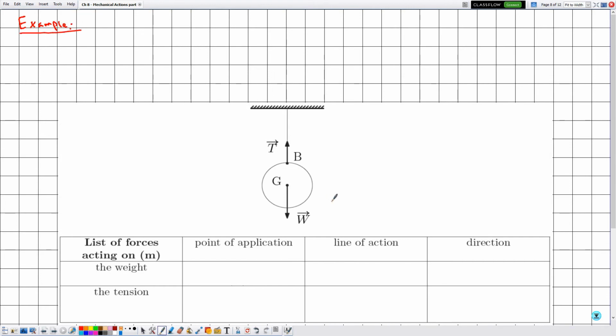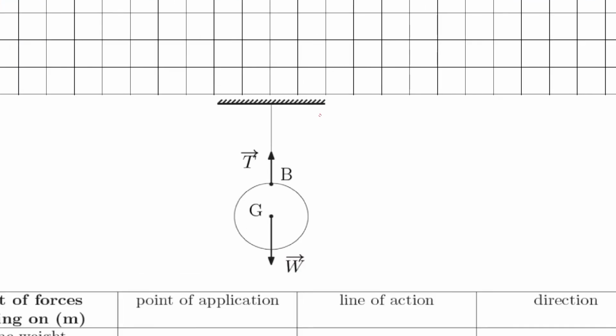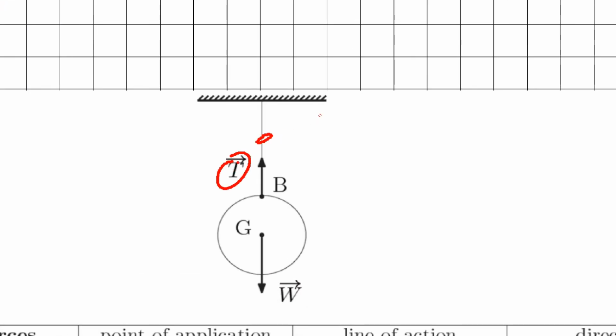Let me say that here we have a solid S connected to a string. Because the solid has a mass, it will be directly subjected to the weight. What is preventing the weight from falling down is the tension T in the string, and this is straightforward because whenever we have a string, we have a tension.